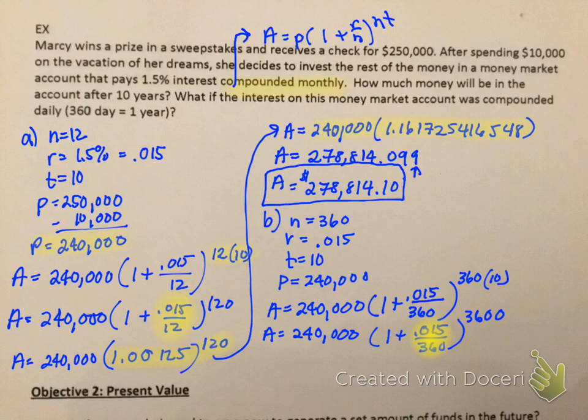When I take 0.015 divided by 360 and add 1 to that, let me just tell you that I get 1.00041666667. Okay, and I'm going to raise that to the 3,600th power. So hopefully you leave that number in your calculator, raise it to the power of 3,600.